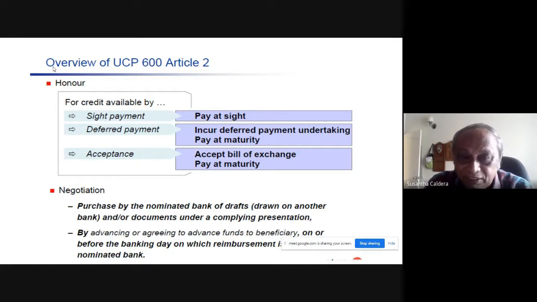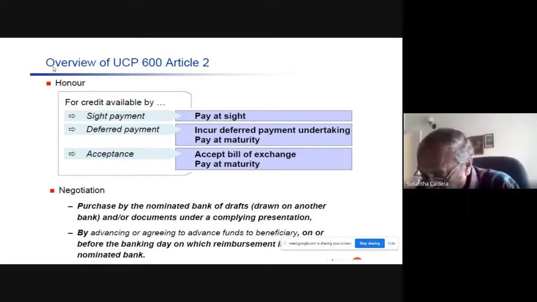Negotiation means the purchase by the nominated bank of drafts drawn on a bank other than the nominated bank and documents under a compliant presentation by advancing or agreeing to advance funds to the beneficiary on or before the banking day on which reimbursement is due to the nominated bank.